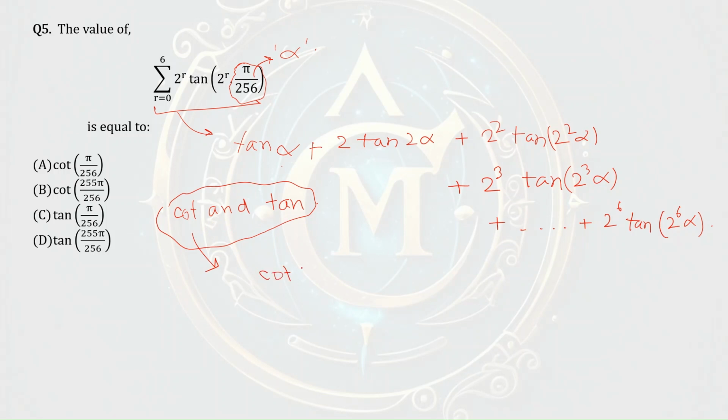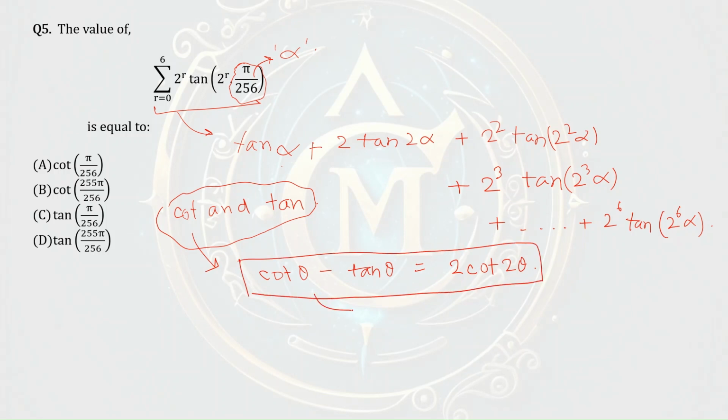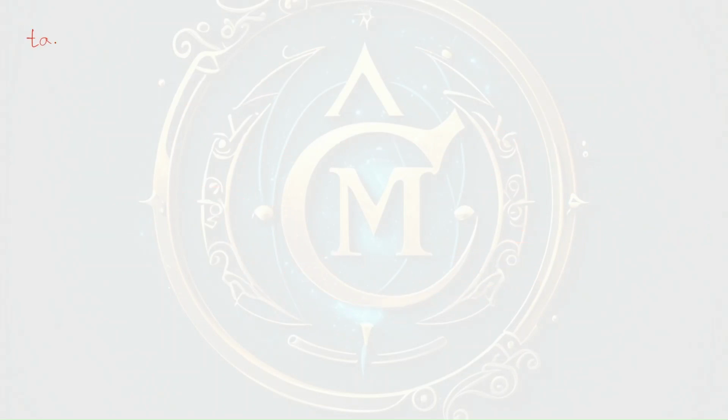That is cot of theta minus tan of theta is equal to 2 cot 2 theta. This is the property that will be used in this question. Now our given series is like this.